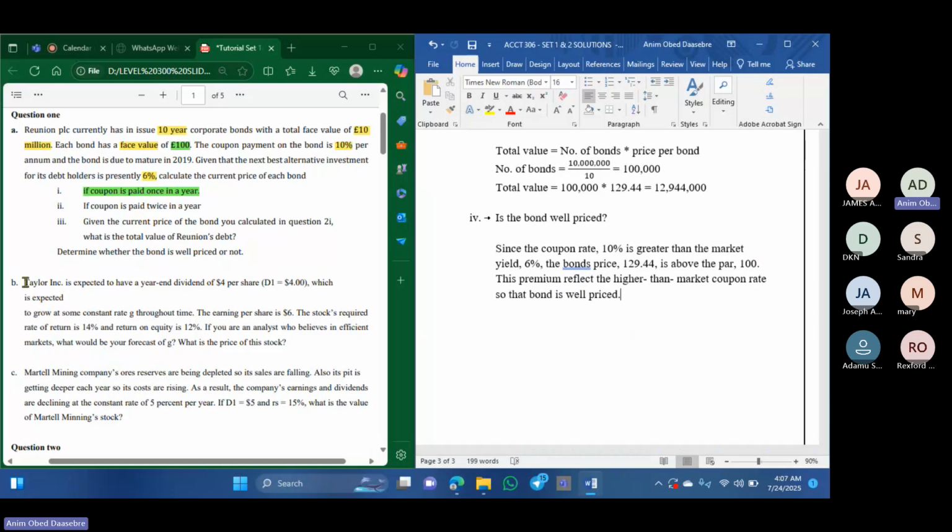Now let's go to part B. Taylor Incorporation is expected to have a year-end dividend. That one too, we will start by listing the various information from the data.